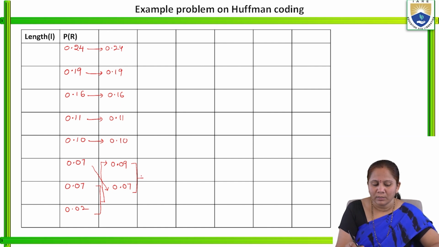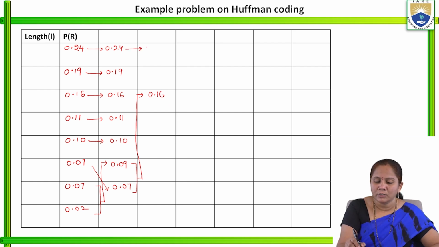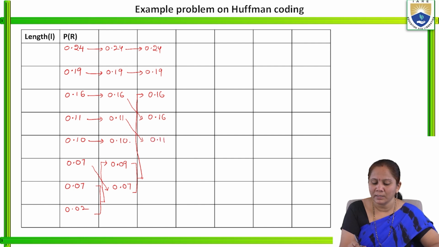So the newly generated code will be here, 0.16, whereas the remaining 0.24 will be here, and here 0.19. Okay, this is the newly generated code, but here again we have 0.16. It goes here, 0.16, and this 0.11 comes here, and here 0.10.